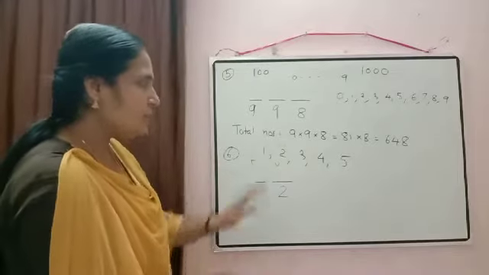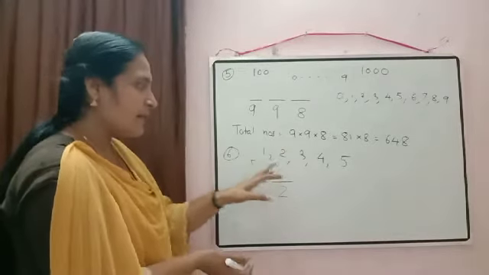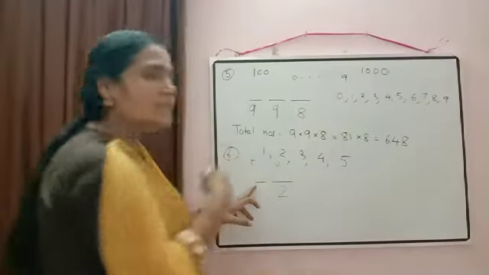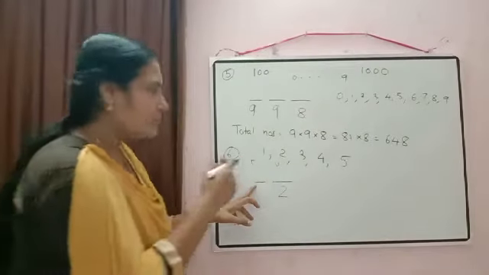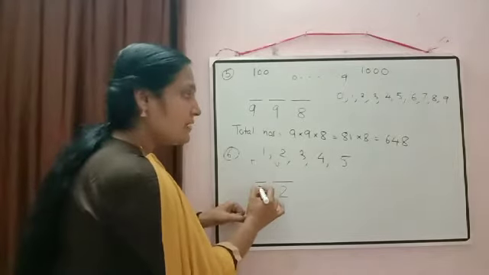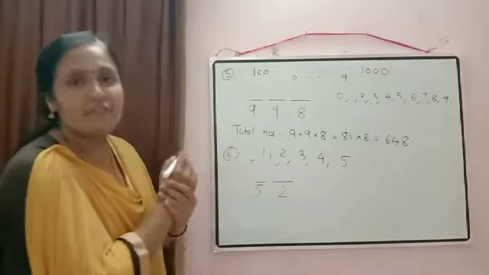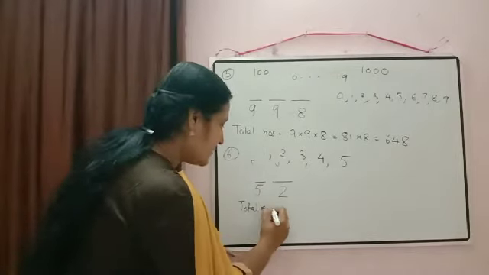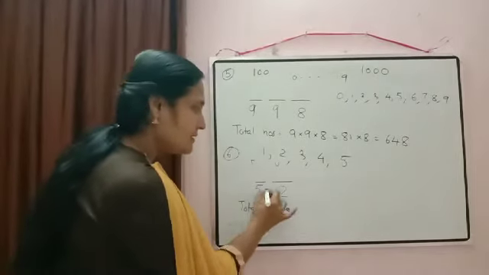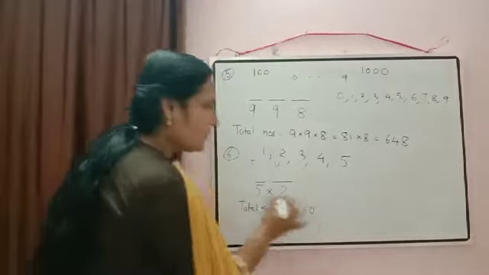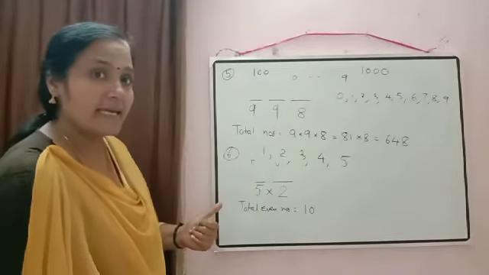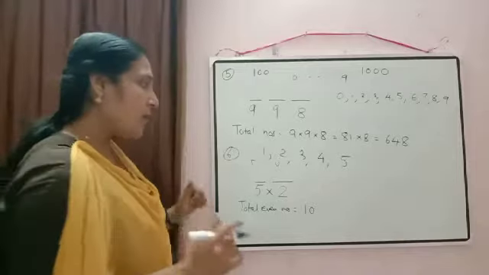So suppose I wrote 2 here, then also to fill the tens place we have all these options available with us. So the tens place can be filled in how many ways? Correct, 5 ways. So total even numbers will be 5 into 2, 10. Clear? Now we will check the second case, when repetition is not allowed.